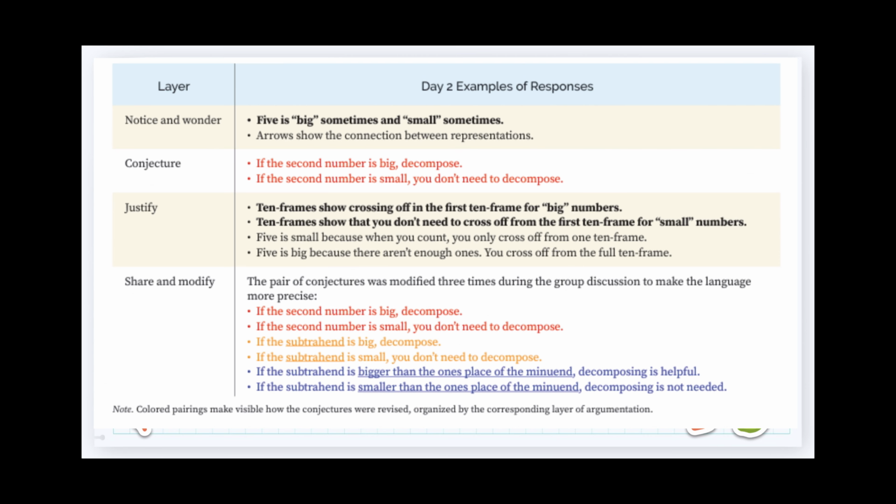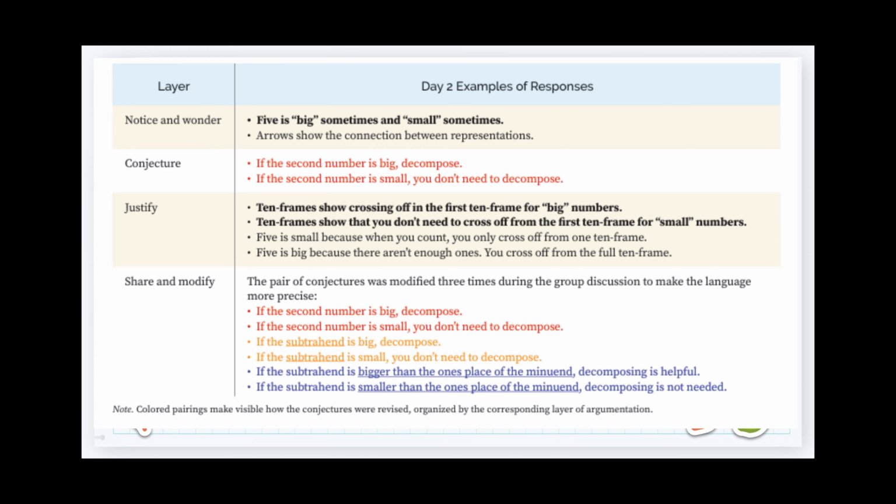And then conjectures is what they are for sure saying and noticing from looking at the math problem. And then justifying is how they justify where they got the big numbers or where we decompose or not decompose.